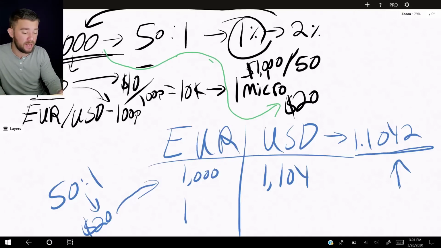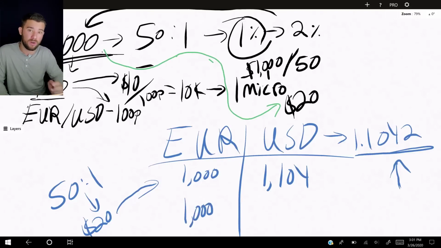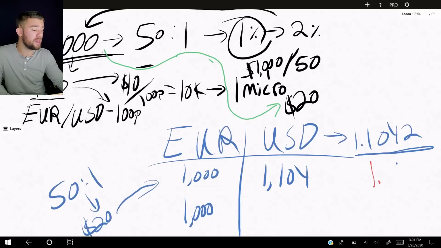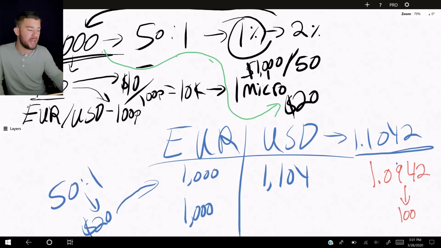Now let's say the price of the euro drops from 1.1042 to 1.0942, a drop of 100 pips, which is what our stop loss was set at. So your stop loss gets hit and you say, here's your 1,000 euros back.